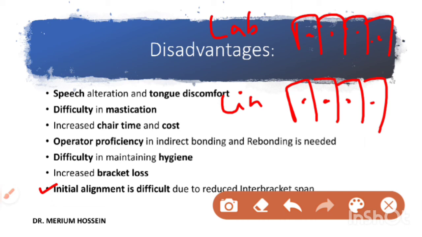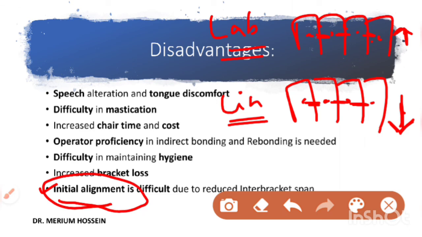Now this is the lingual surface of lower incisors, and this is the labial surface of the same lower incisors. The distance between the brackets of lower incisors on the lingual surfaces is going to be less, as compared to when the brackets are applied onto the labial surface. This distance, the interbracket span, is going to be more. So in lingual orthodontics, this interbracket span is reduced, which is going to lead to problems with the initial alignment.